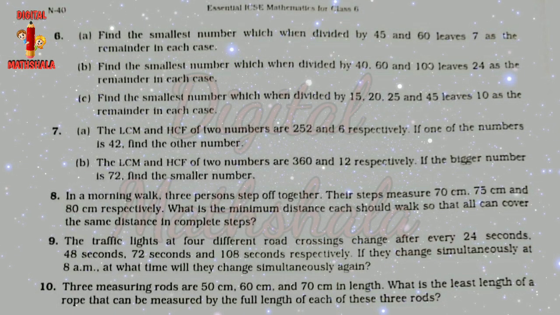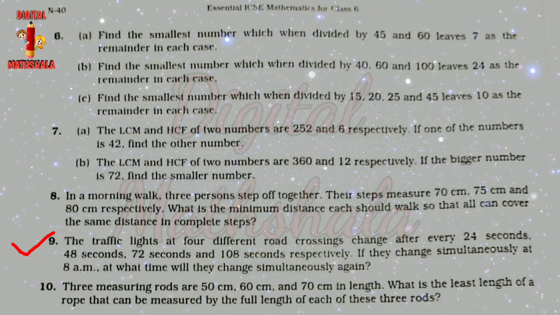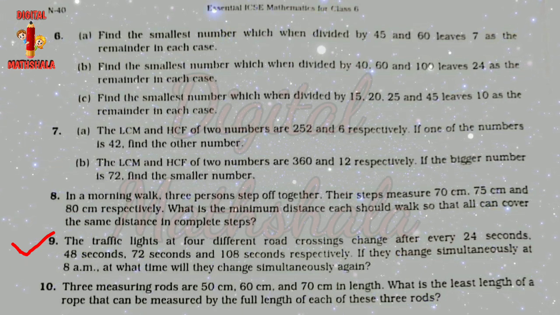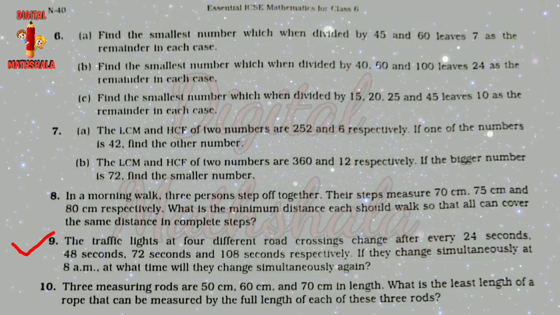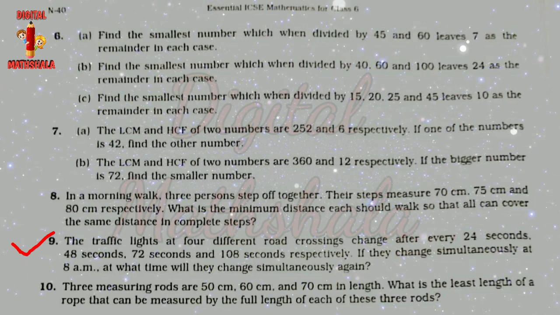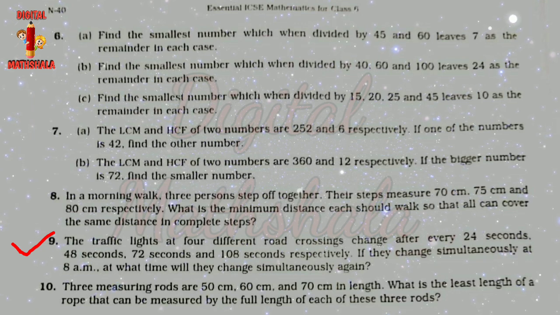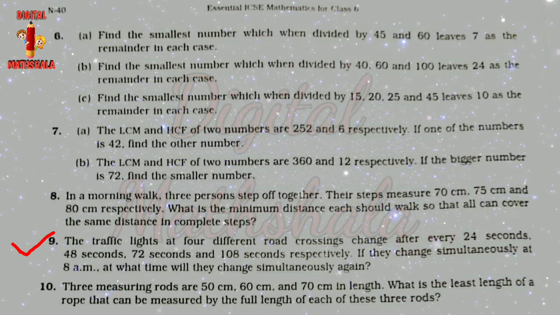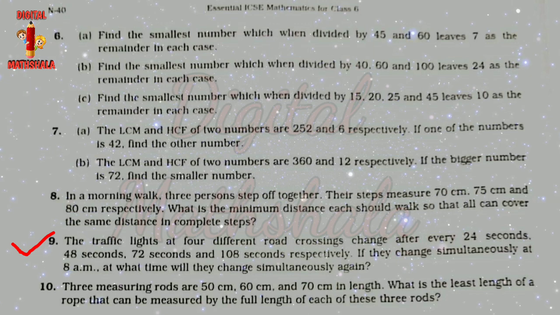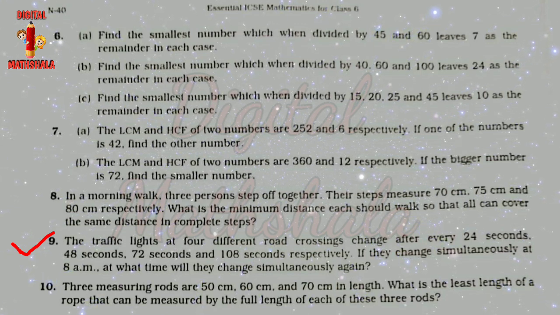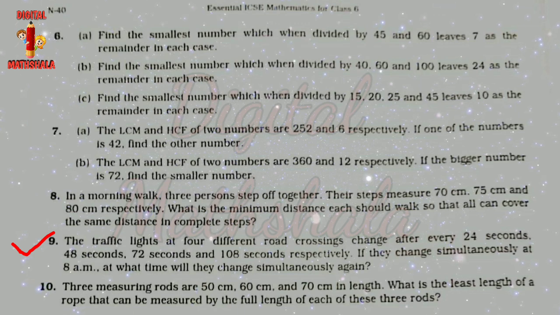So the next question, question number 9. The traffic lights at 4 different road crossings change after every 24 seconds, 48 seconds, 72 seconds and 108 seconds respectively. If they change simultaneously at 8 am, at what time will they change simultaneously again?